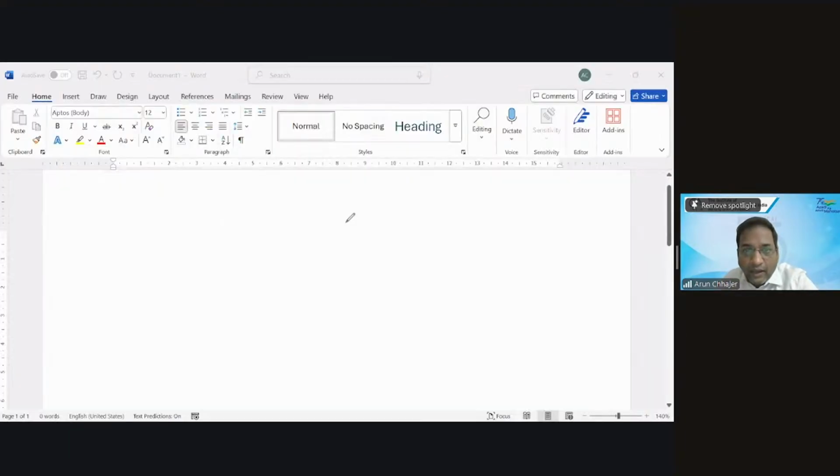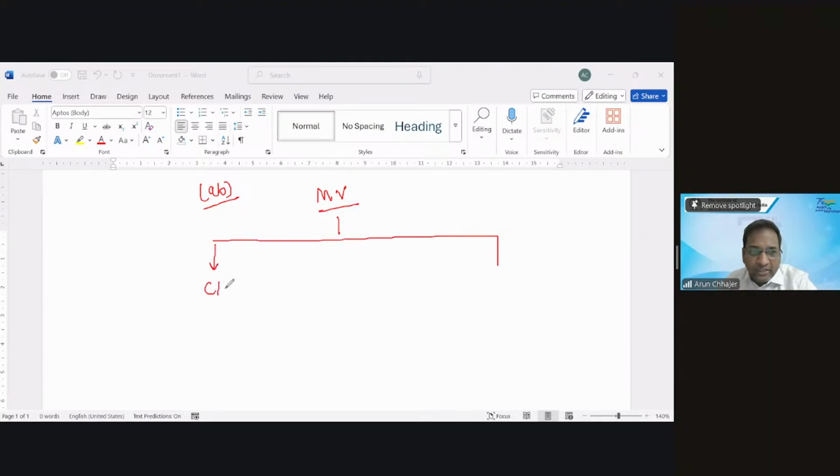See, if my motor vehicle... I'm only talking about clause AB, repair and maintenance. If the motor vehicle is covered in clause A and not covered in clause A... if it is covered in clause A, then what should I say?